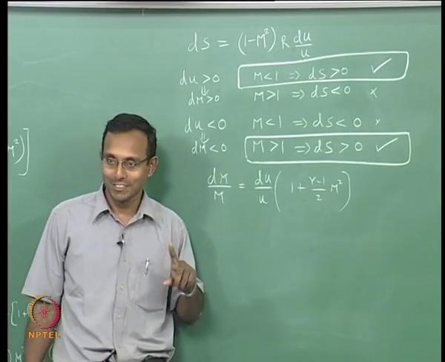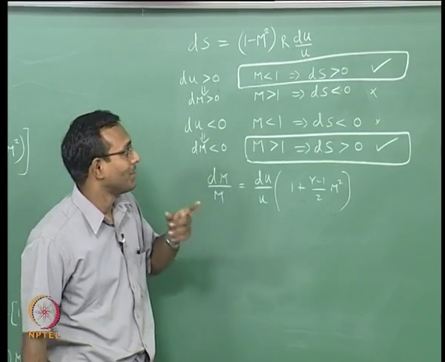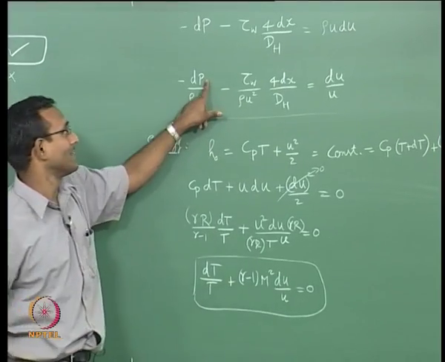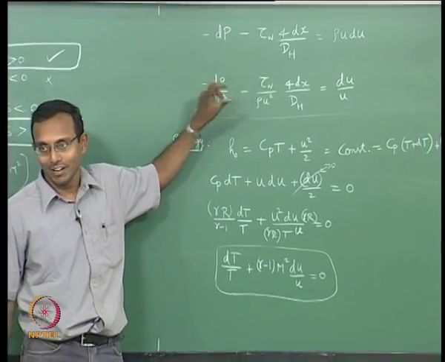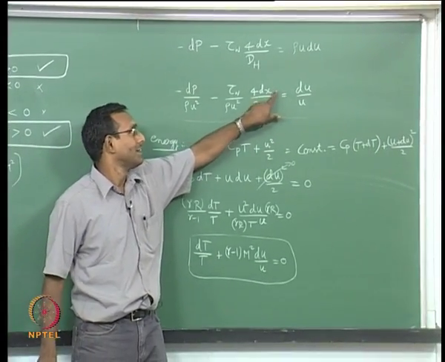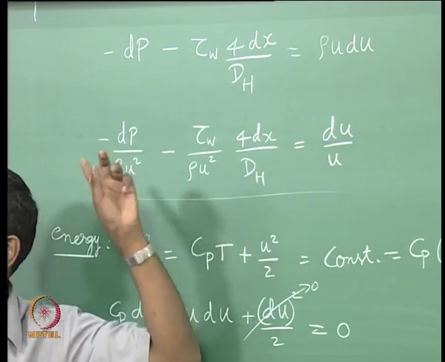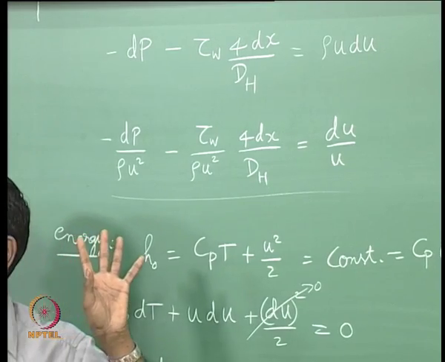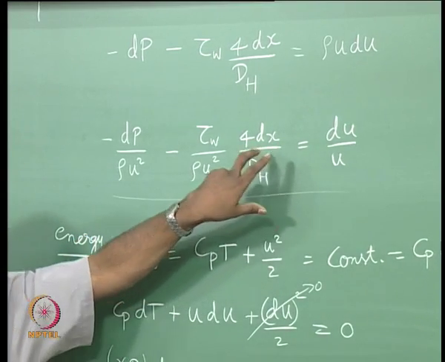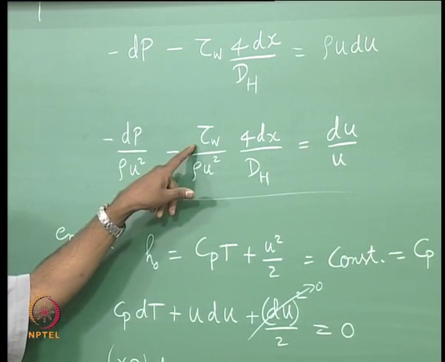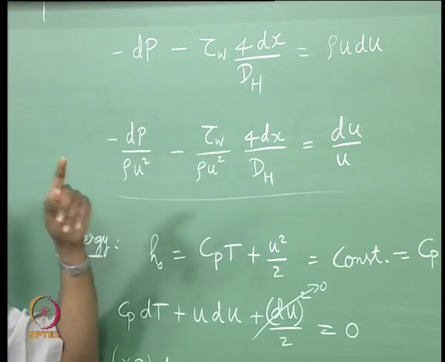Not really. If I go back to this momentum equation, I can replace this dp in terms of du, and finally I will find that dx dictates du. I do not know what my du is as of now. That is given only by dx and my tau wall, the shear stress at the wall.